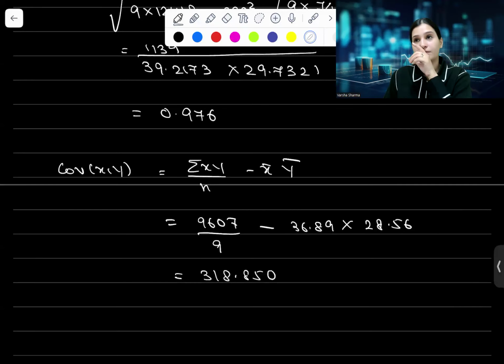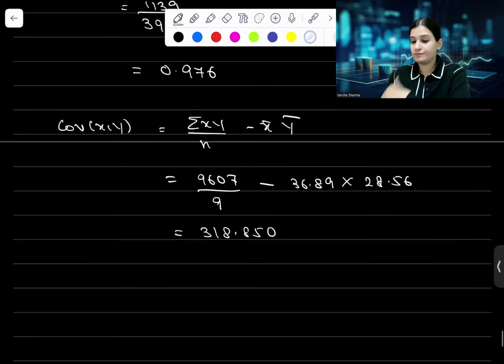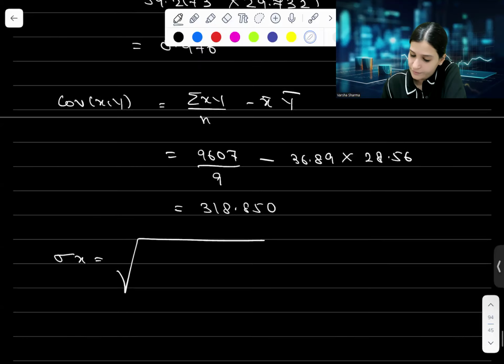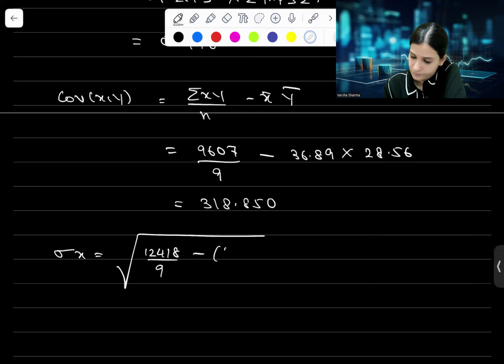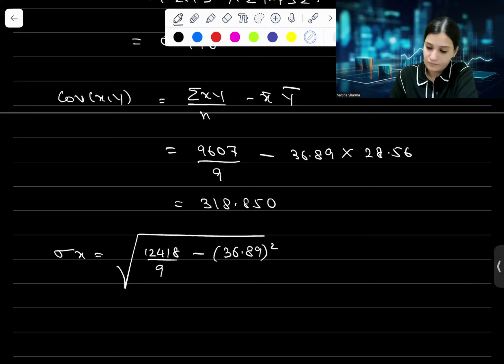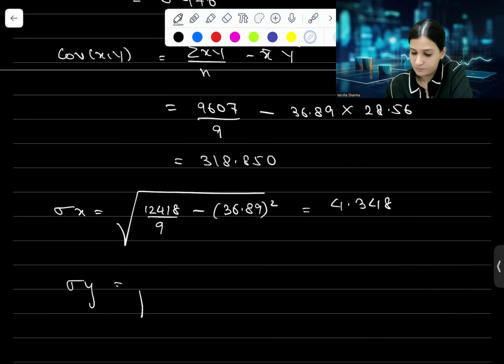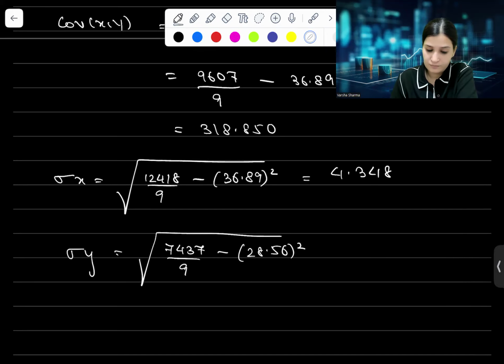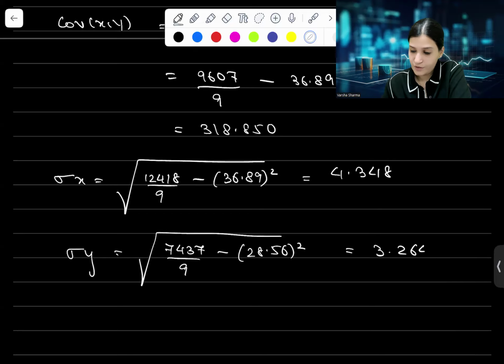Does this match? Standard deviation from summation x square is 4.348 for x, and 3.2649 for y.